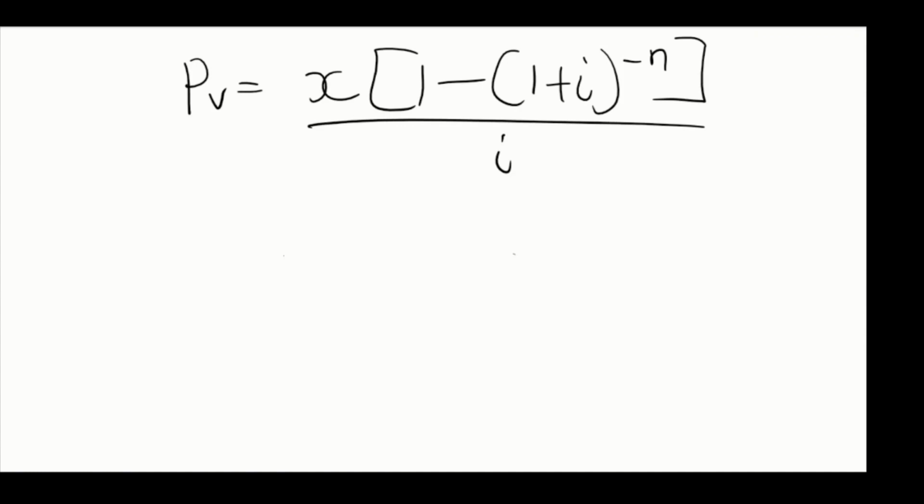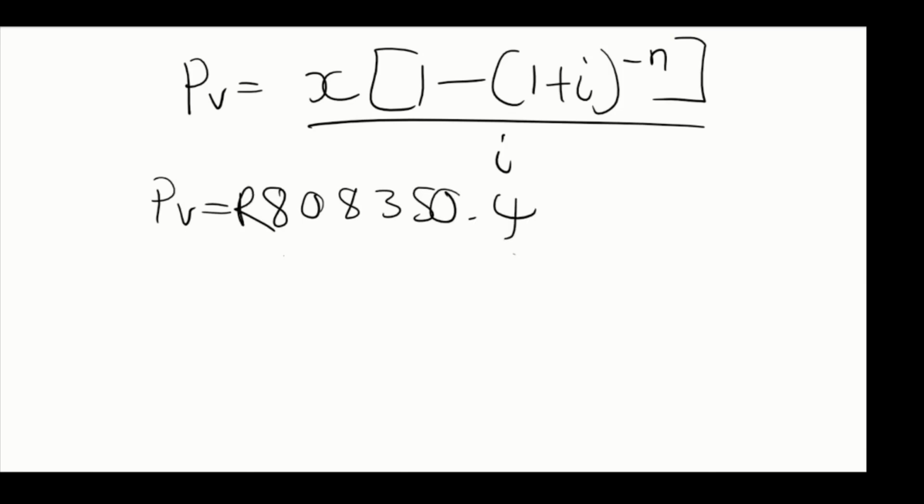It is because there's a lump sum amount that has been invested, and there are certain portions of money in the form of income that is received at certain periods of time according to this problem. We know very well that PV is equal to the 808,350.4 that was invested for his studies.